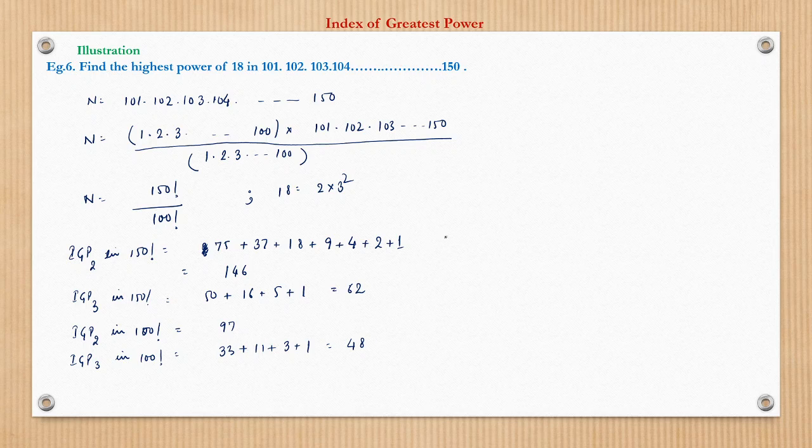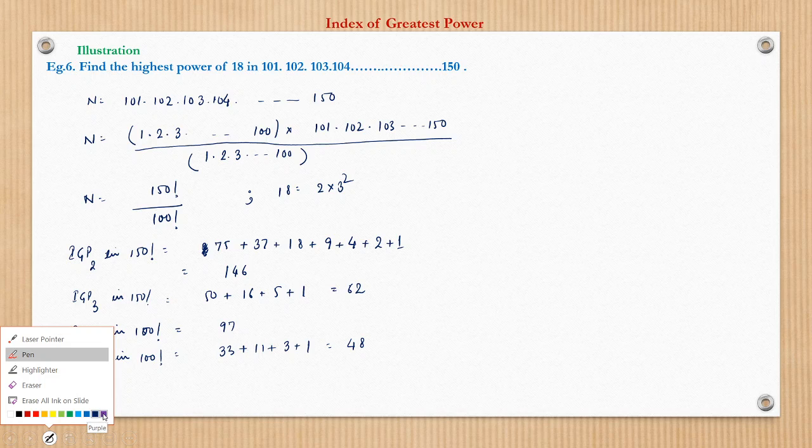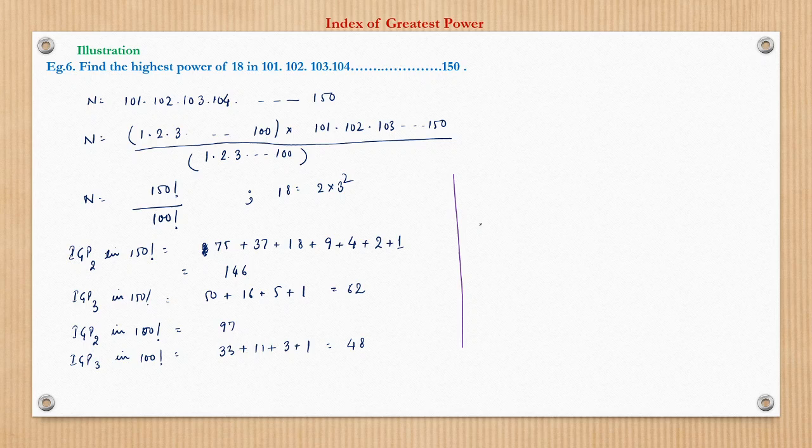So now we have calculated the IGPs of the different primes here. Here we can write that n is equal to 150 factorial upon 100 factorial. I'm doing it in very fine steps so that understanding becomes very clear.